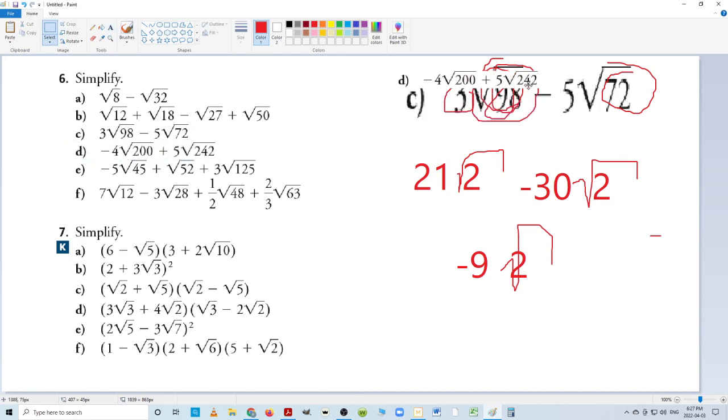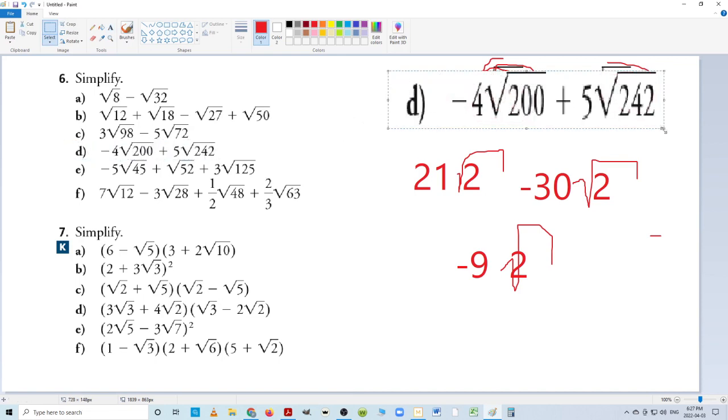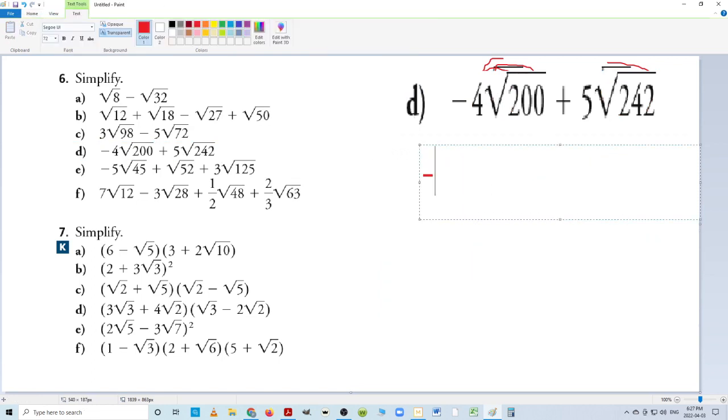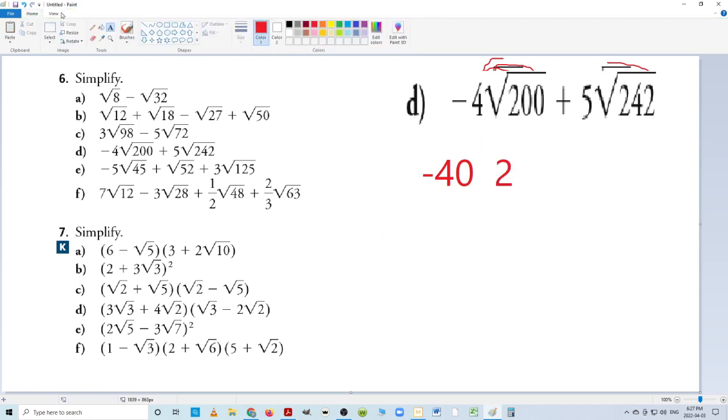So obviously square root of 200 is 2 times 100. That means I can take the square root of 100 and multiply it by minus 4. The square root of 100 is 10. So I get minus 40 times the square root of 2. And then 242 looks like it's 121 times 2.